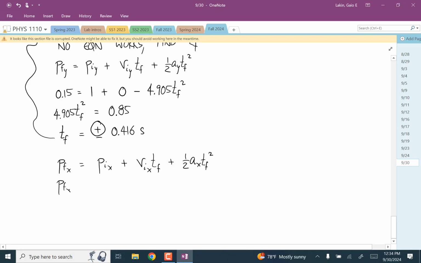So pfx is equal to 0 plus vix, which is 5, times 0.416. ax is 0, so this whole term goes away. And we get that pfx is equal to 2.08 meters.